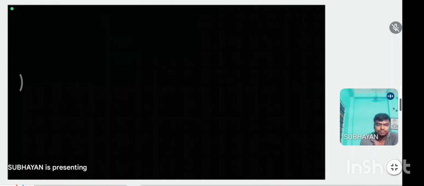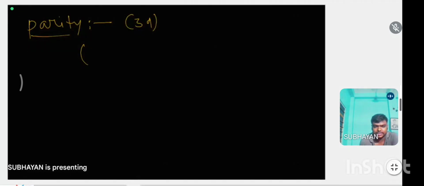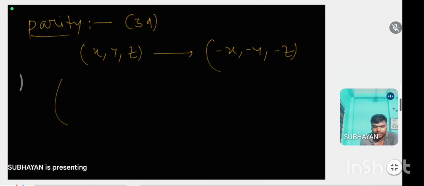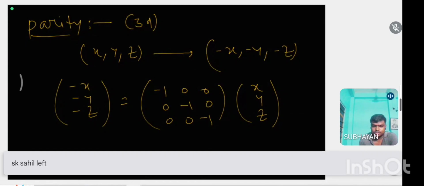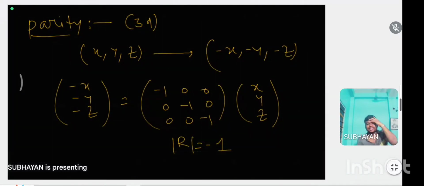For example, parity. Parity in 3D, you know the parity transformation. x, y, z goes to -x, -y, -z. It is equal to x, y, z times the matrix -1 0 0, 0 -1 0, and 0 0 -1. So here mod of R equals to -1. So parity in 3D is an improper rotation.